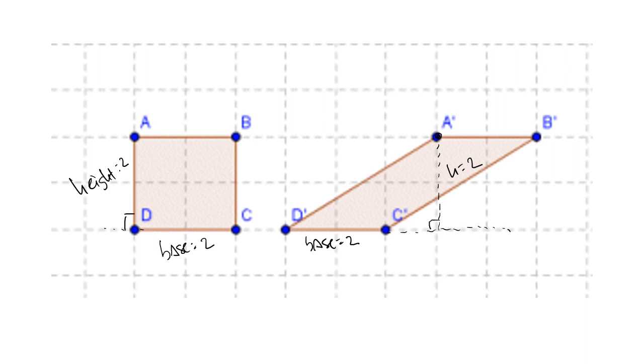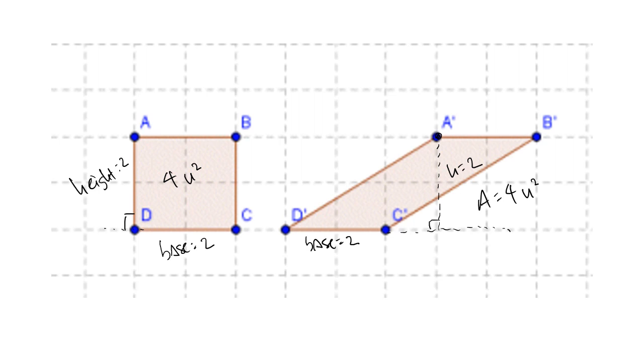And so we've seen in the previous sections that the area for this square is going to be base times height, so this is going to be 4 units squared. And for the parallelogram, the same thing is going to be true: our base and height give us our area, so our area is also going to be 4 units squared here. So these two shapes have the same area.